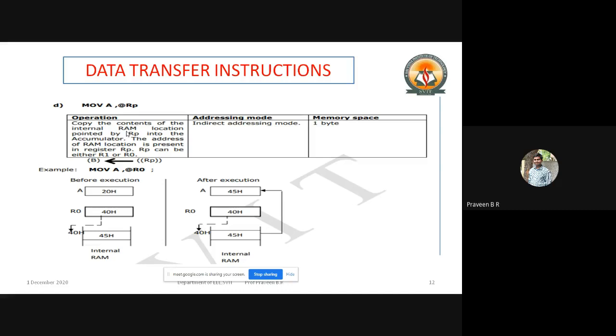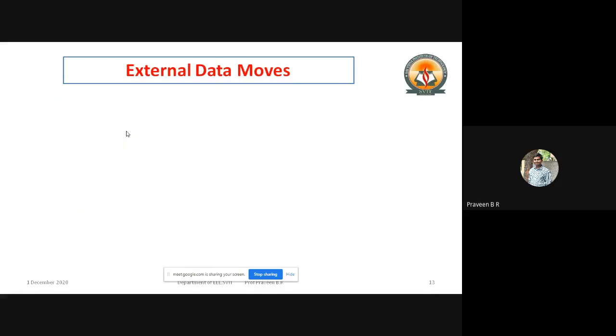It goes to that memory location, 40H, and the data present in 40H will be copied to the accumulator. This is what MOV A, @Rp will do. I'll repeat it: we never use any register other than R0 and R1. Only R0 and R1 are the registers used here.